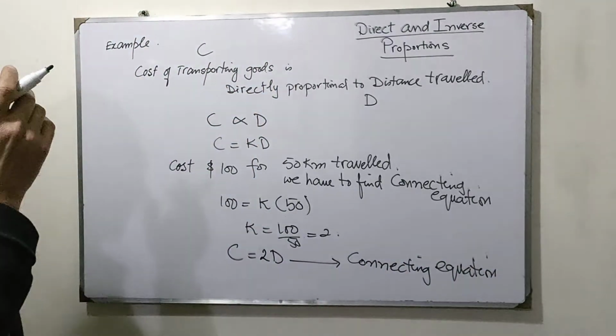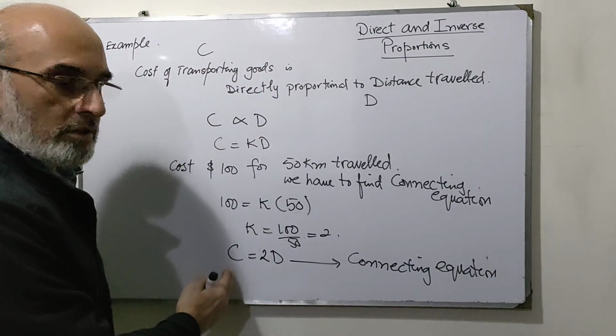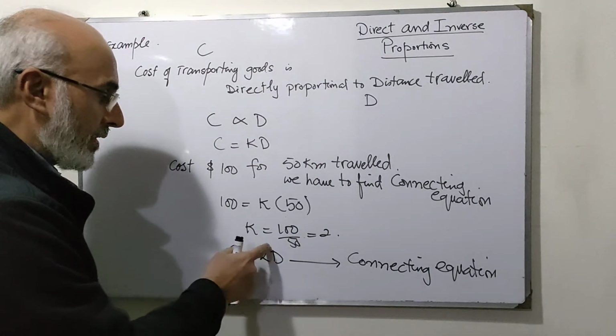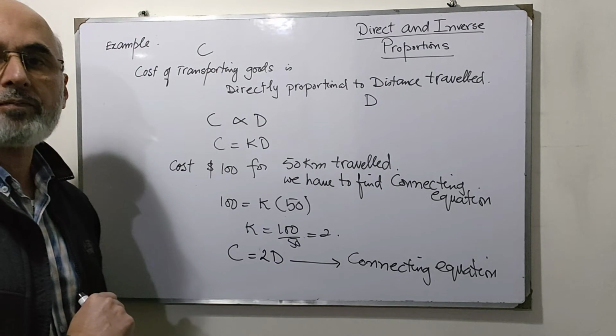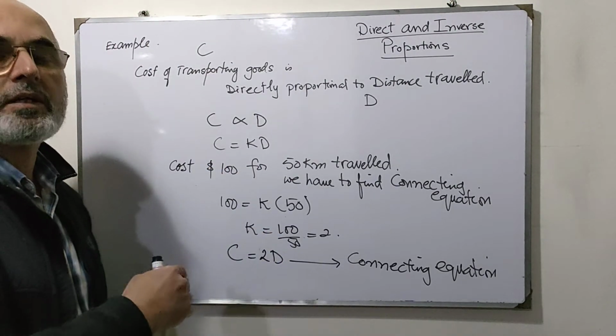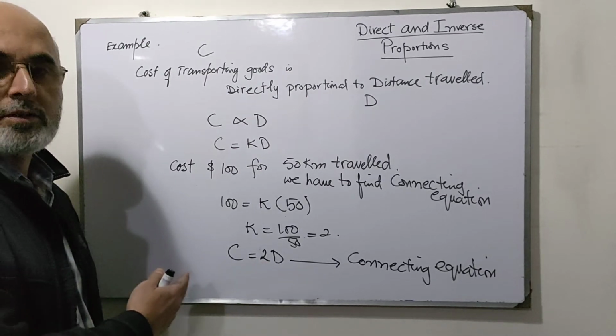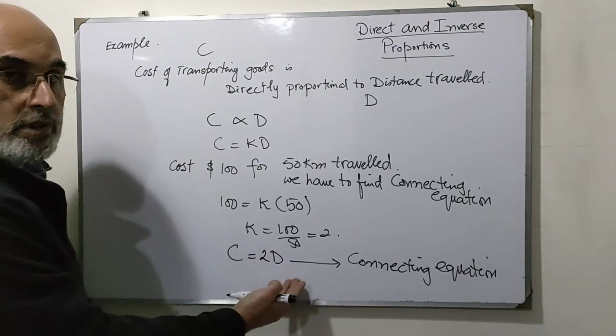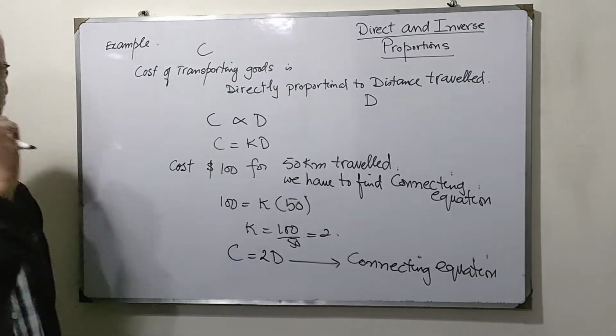Why is it the connecting equation? It is connecting cost with distance traveled, and we have a constant value over here. That is, whatever the distance traveled, it is doubled to give you the cost, right? So cost is equal to double the distance.